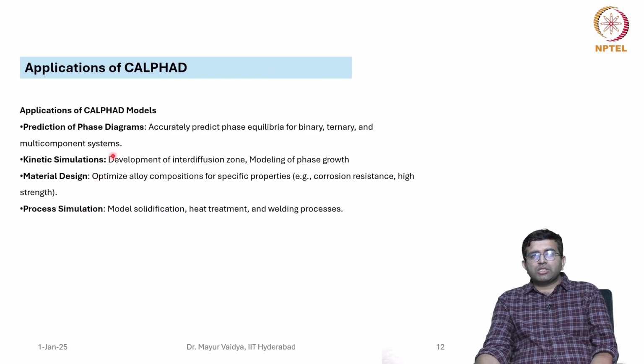But the applications of CALPHAD are huge, ranging from prediction of phase diagrams to kinetic simulations, materials design, process simulations, and so on. There are a lot of applications for CALPHAD models for materials and for other applications as well.